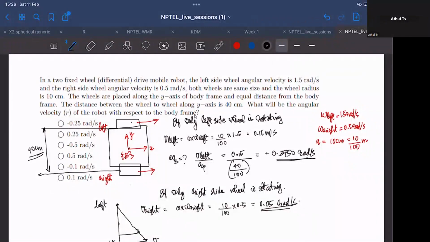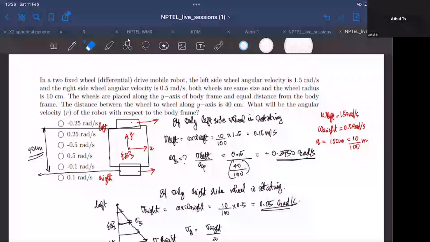And the velocity of the body frame at point B would be simply half of this V right. So V B would be V right by 2, since it is located at the halfway point.